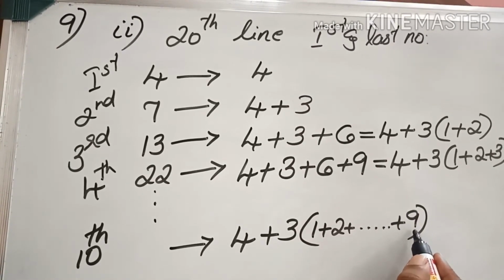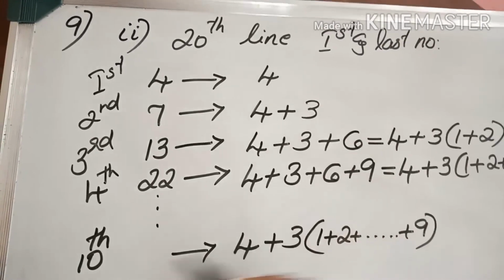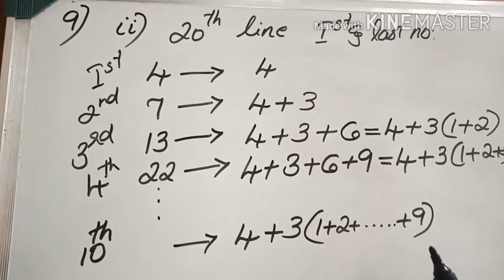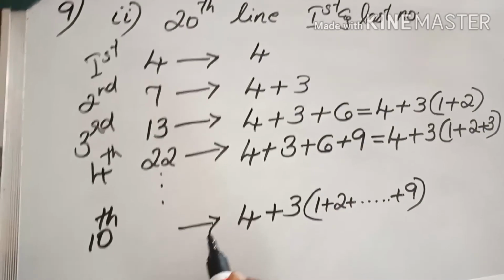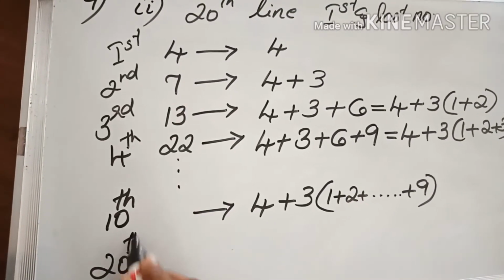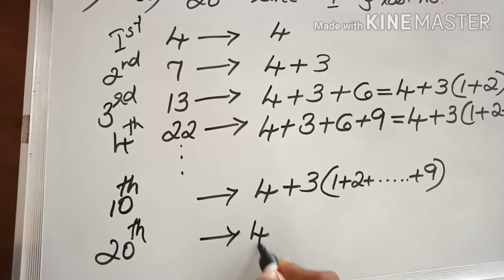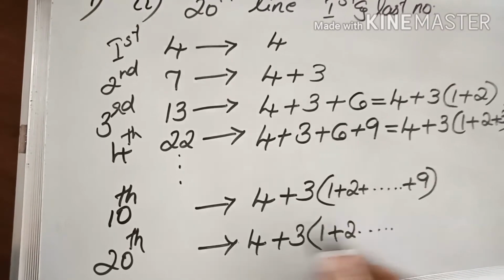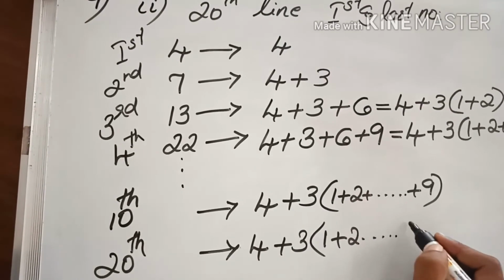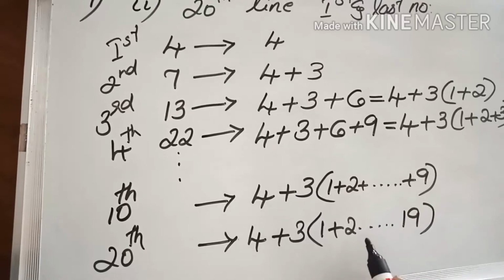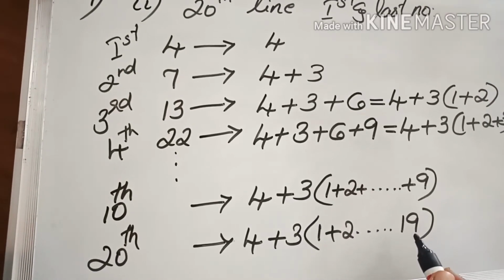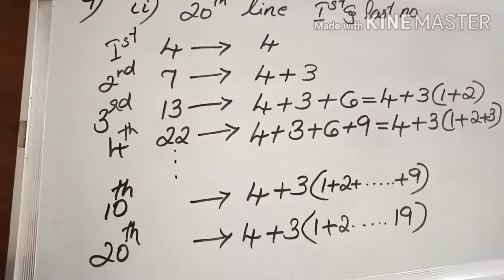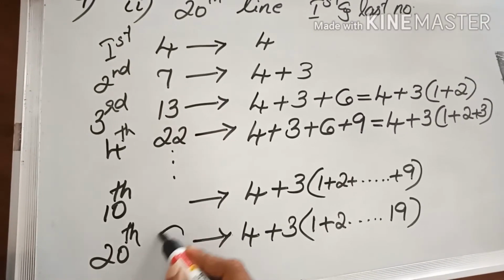The sum of the first 9 natural numbers into 3 plus 4 will be the 10th line's first number. Similarly, we have to find the 20th line's first number. So the 20th line's first number is 4 plus 3 into the sum of the first 19 natural numbers, since 20 minus 1 is 19. You have to do this.